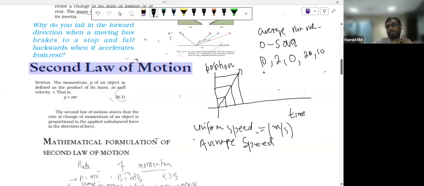So the scores are not uniform. But what is the arithmetic average? We add 10 plus 2 plus 0 plus 20 plus 10, there are 5 entries, we divide by 5, and we get the average. It means the motion was not uniform all along the path. Somewhere the speed was 10 kilometers per hour, then 2, then some stoppage, then again 2 and 10.